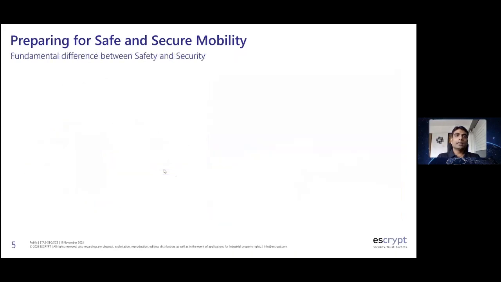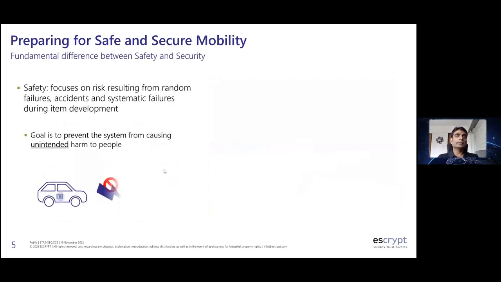Now, a quick look at some fundamental differences, why we say that these are not the same. Safety focuses on risks that may result from random malfunctioning that could lead to some sort of harm, so system-driven harm to any individual or any other systems. That's why it is like inside out.